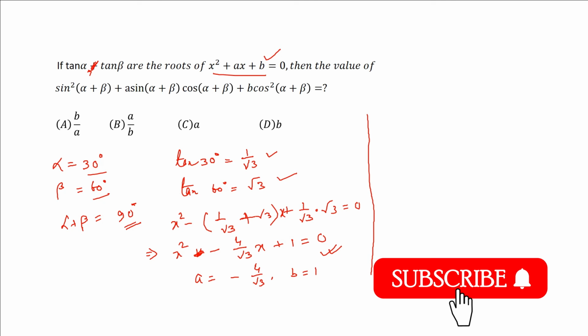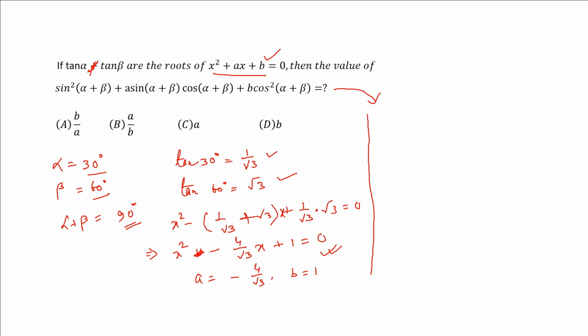The given expression: sin square (alpha plus beta), that is sin square (30 degree plus 60 degree), plus a, that means minus 4 by root 3, into sin 90 degree into cos 90 degree, plus b, that means 1, into cos square 90 degree, which is equal to sin square 90, that means 1 square, plus sin 90 into cos 90, that is 0, so you get here plus 0, cos 90 is 0, plus 0, so we get 1.